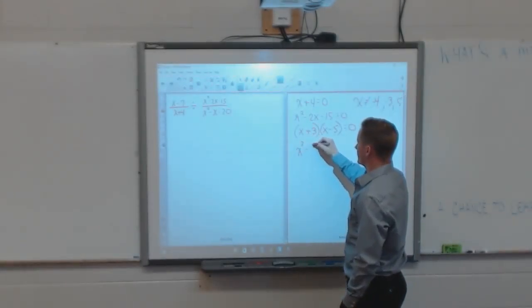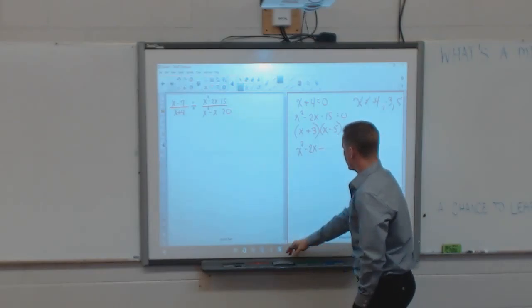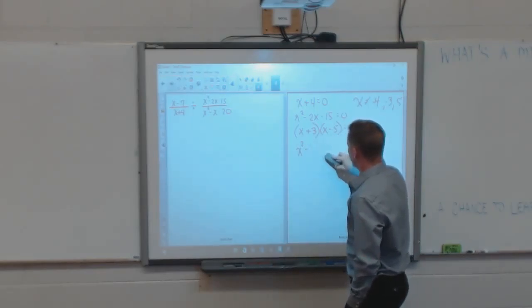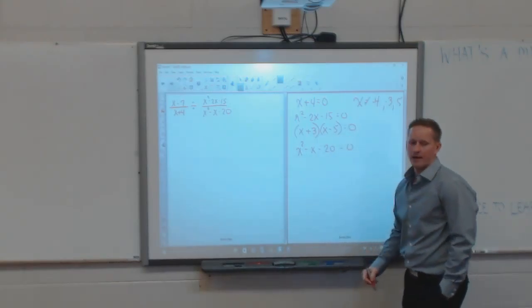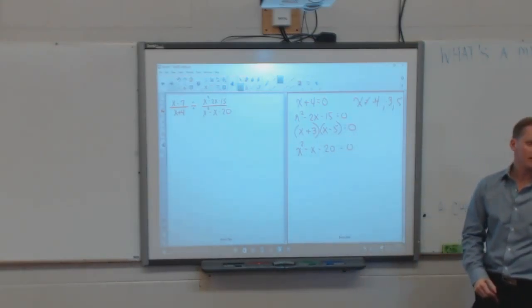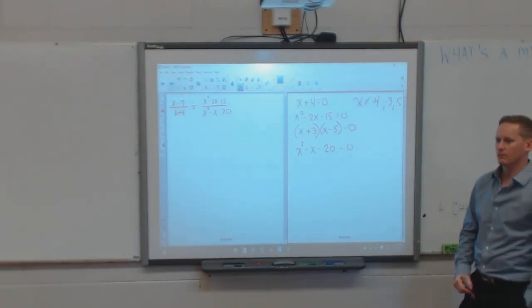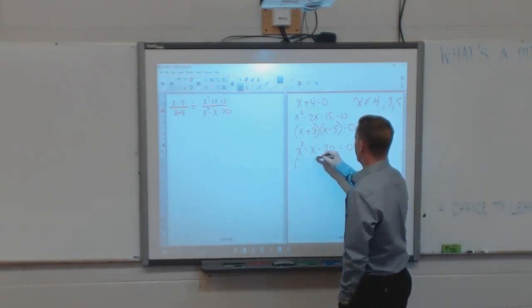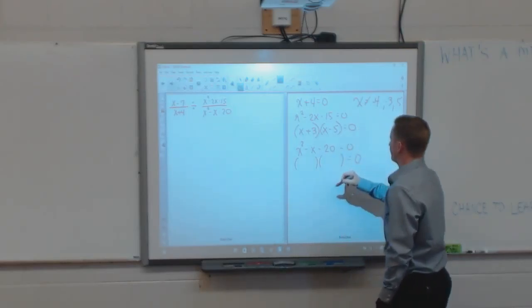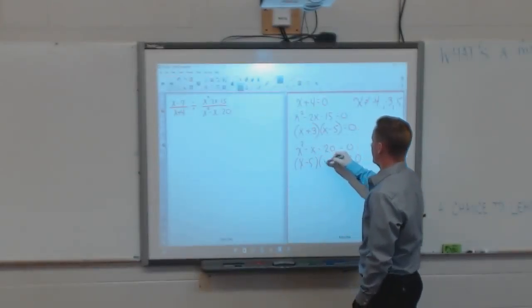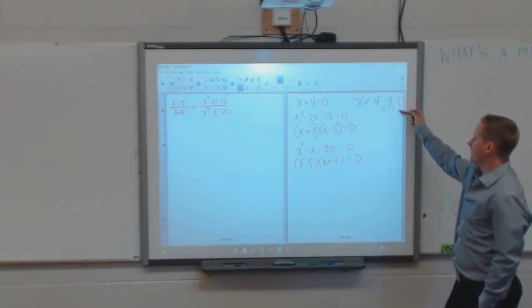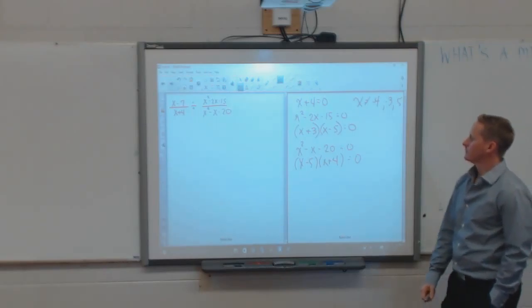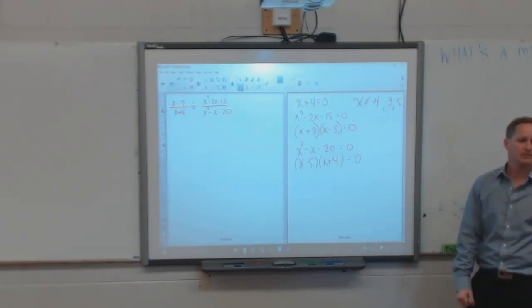And then I got x squared minus x minus 20. What does that factor to? What are the factors of negative 20 that add to give me negative 1? X minus 5, x plus 4. Okay, I already have 5 written down. I already have negative 4 written down. So I'm good. I don't have to do anything else. Just make sure that they're all covered.